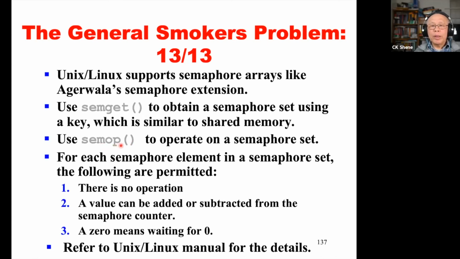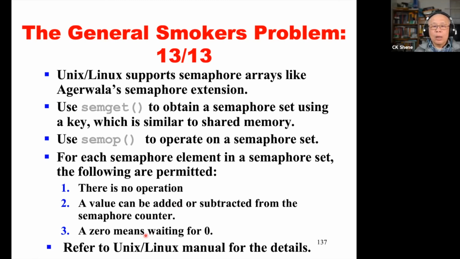So a semop call allows you to pass some arguments to operate on a semaphore set. For each element in a semaphore set, you could do the following. You simply skip it, you don't perform any operation on that semaphore element. Or you could pass a value. This value can be added to or subtracted from the semaphore counter.